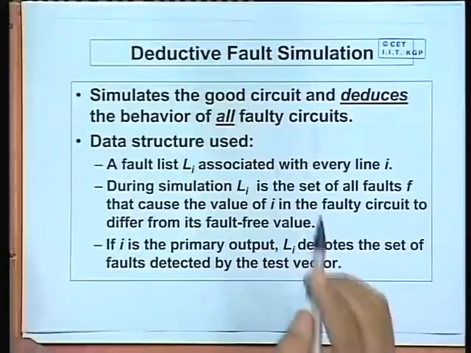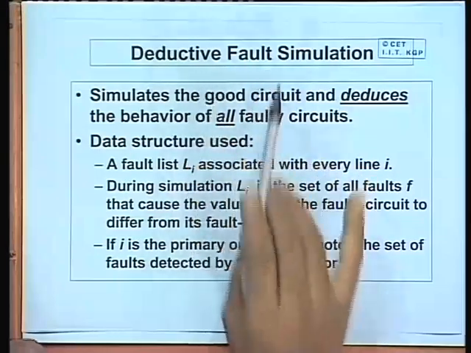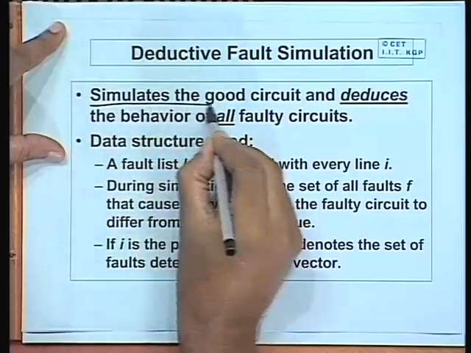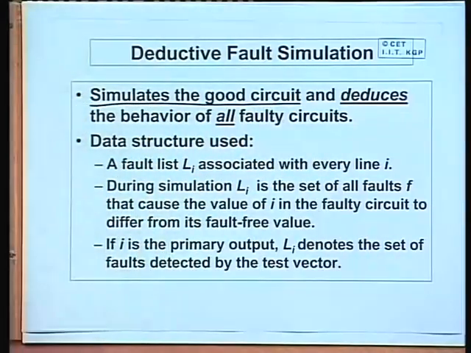There is something called a fault list. So, you assign a fault list with every line of the circuit, and using some simple rules you propagate this fault list from the input towards the output side. So, let us see. The basic idea is you simulate the good circuit in the absence of faults.